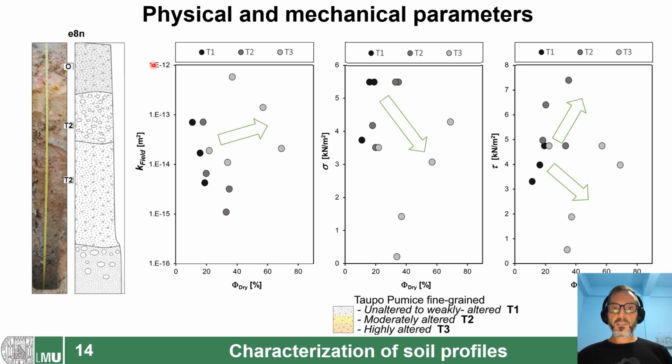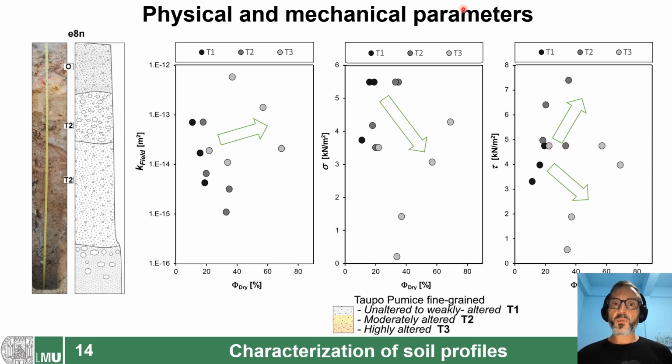So as depicted in this plot, a high degree of alteration, going from T1 to T3, can significantly increase porosity and permeability, while decreasing the compressive strength and the shear strength. However, in some cases, for example, the shear strength in some of the areas may increase in intermediate conditions.